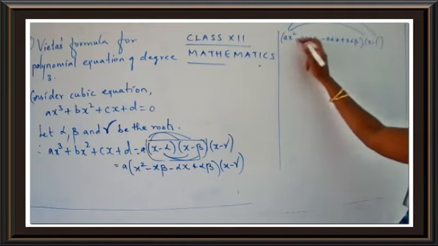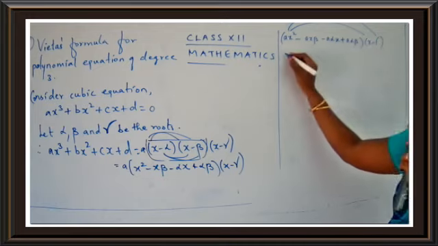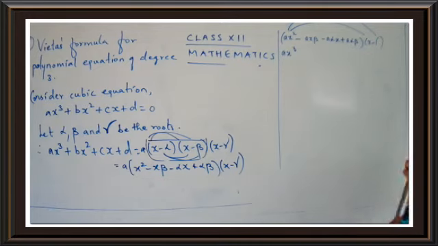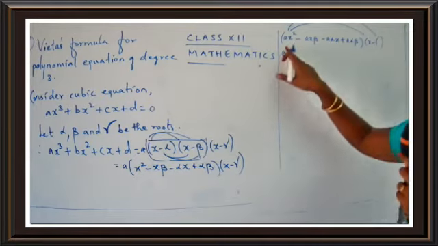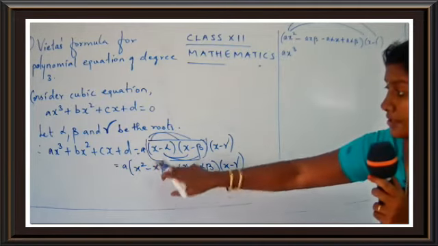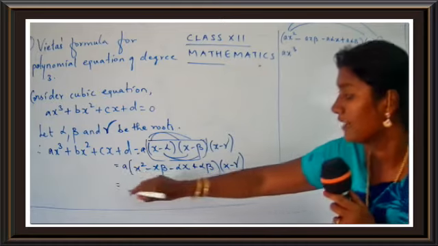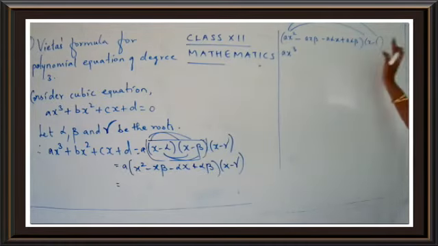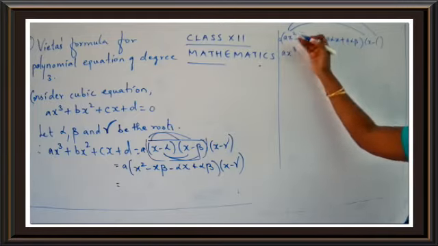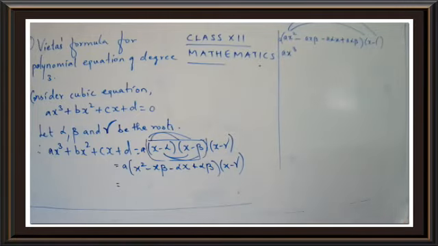I'll get ax square into x, ax cube. So you have to follow the steps below the equal to sign, children. Do not start with the first line. I'm just doing it here, so follow the step below this.